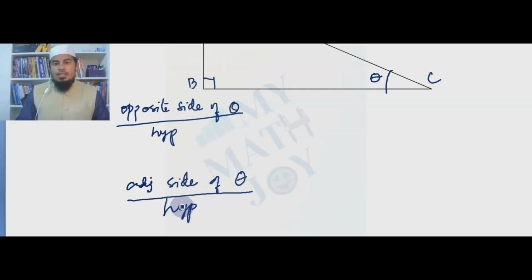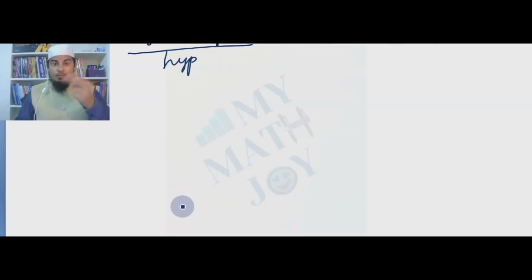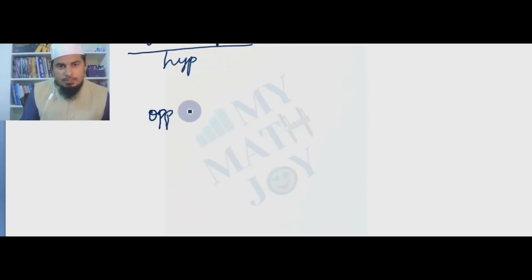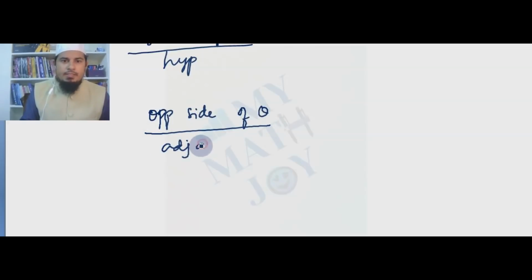There can be one ratio, opposite side of theta by adjacent side of theta.